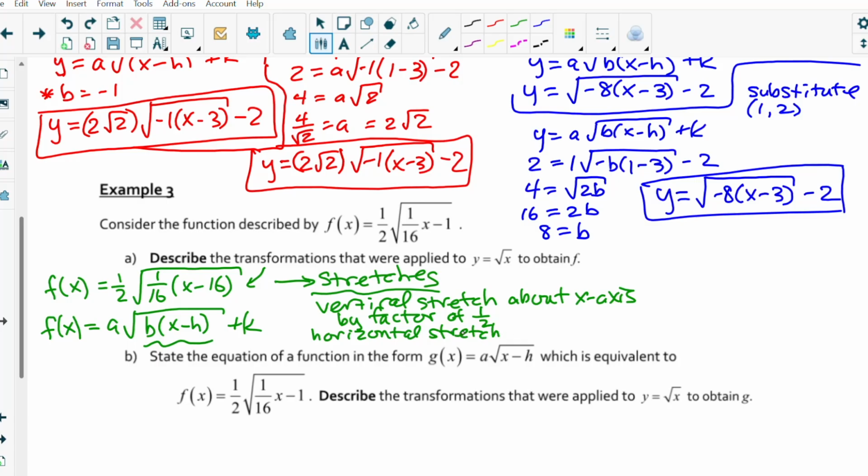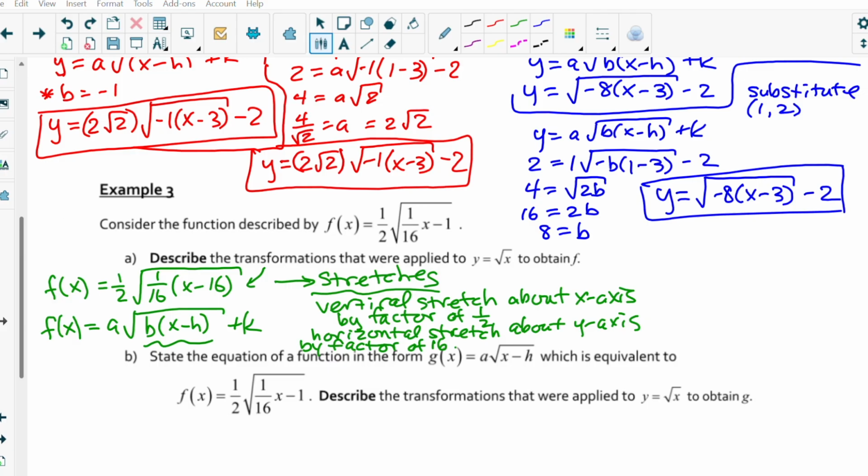Horizontal stretch about the y-axis by a factor of 16.